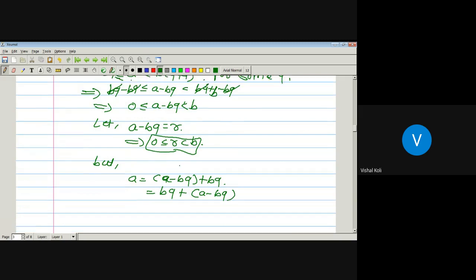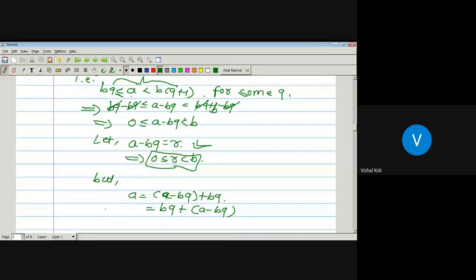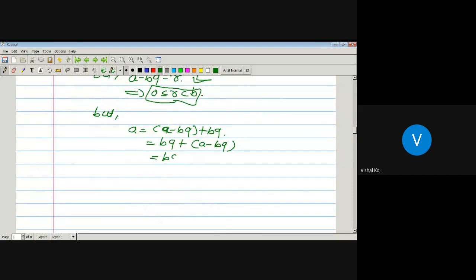But we have taken a minus bq as r, so put that value here, and a is equal to bq plus r. And what is the range of r? The range of r is 0 is less than or equal to r, which is strictly less than b. I think this is what we have to prove.